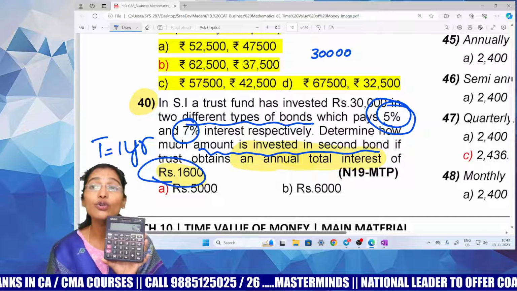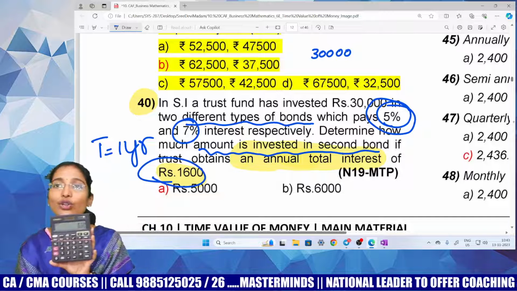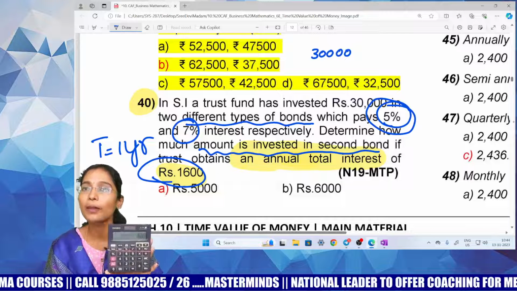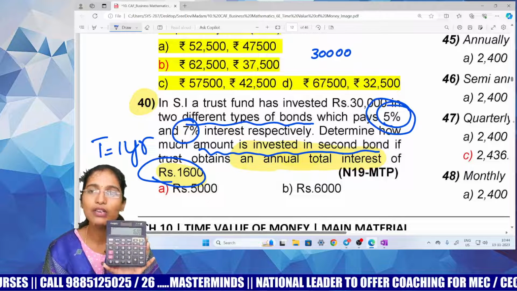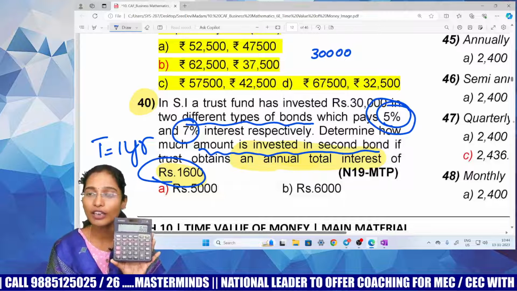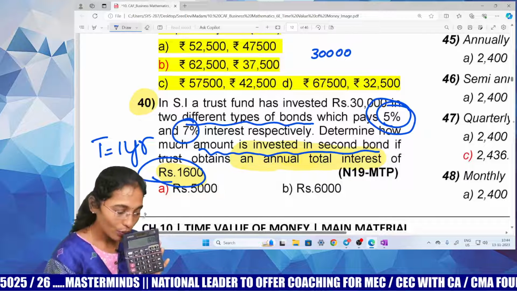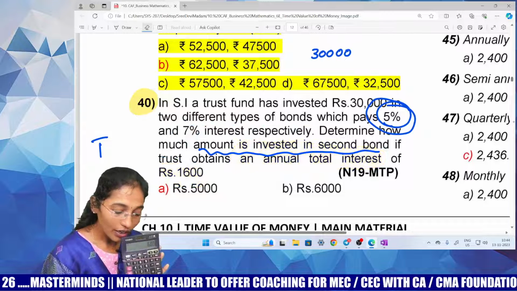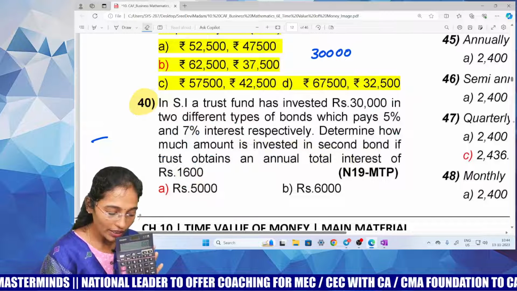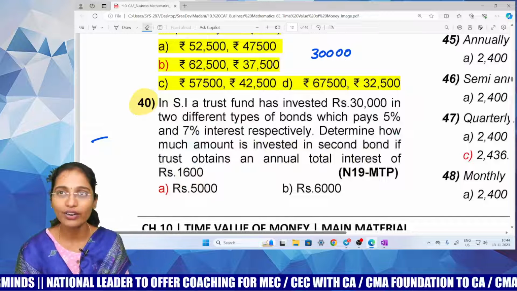So if you know the formula of simple interest, you need not write anything on the paper. It's completely about your calculator usage. Just use your calculator. Okay. So guys, what I'm trying to do is, he said that the total interest that I got is 1,600, right?